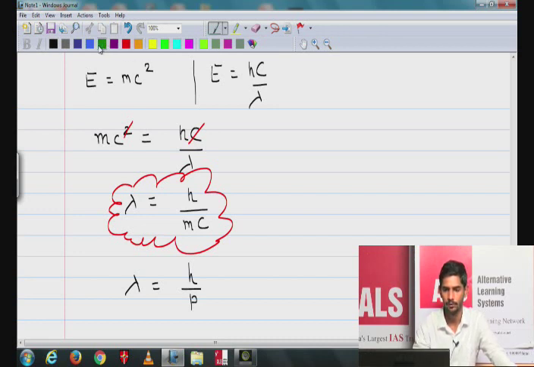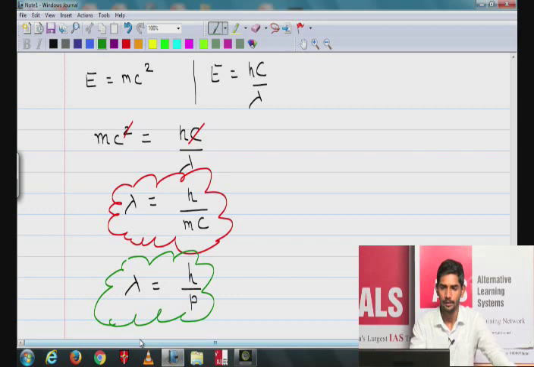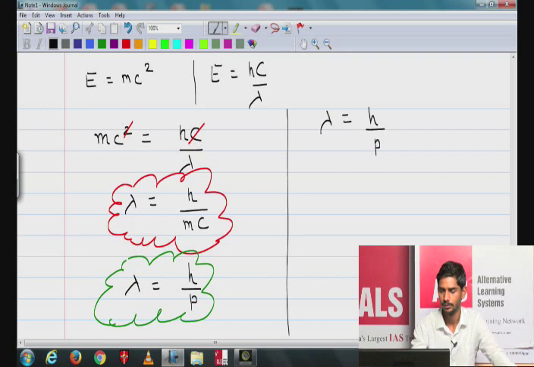So here we have got another formula for λ, that λ equals h/p. As we know that h is a constant, I can also write it like this: λ equals h/p, so λ should be inversely proportional to p, because h is a constant.